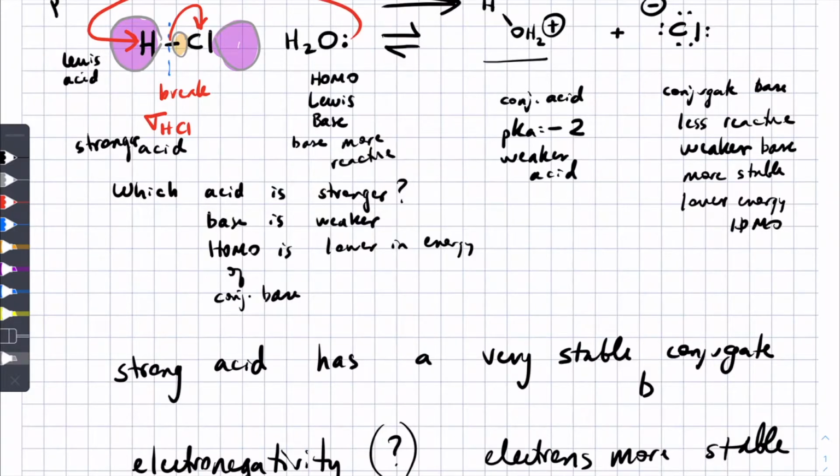Whoa, wait a minute. Oxygen's more electronegative than chlorine, so does that work here? Well, I guess you could argue, hold on there. This isn't fair because chlorine is negatively charged and water is not. Okay, fine.